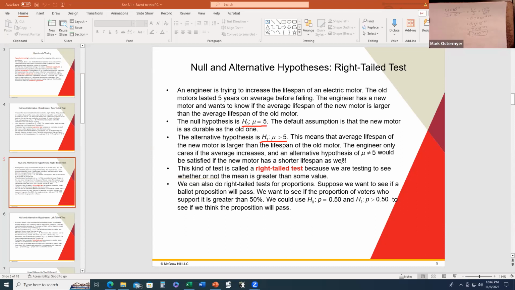If they want to just test to see if the new motor's lifespan on average is different than 5 years, then you would have the alternative hypothesis statement looking like this, in which case it would be a two-tail test. But if you want to test to see if your new motor's average lifespan exceeds the lifespan of the old motor, then that would be an upper tail or right tail test, and your alternative hypothesis statement would have to take on this complexion.